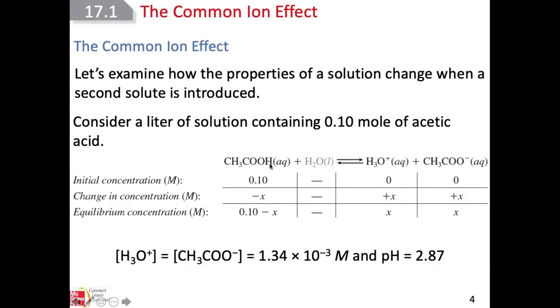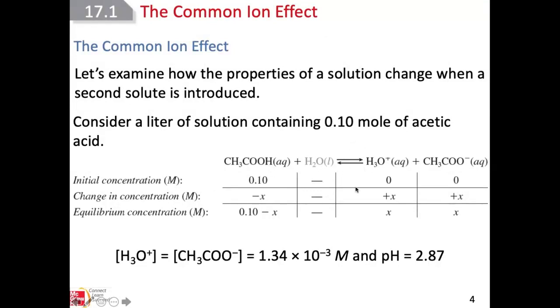This is an acid. It will behave as an acid and it will donate a proton, H plus, to the water. And it will form hydronium ion, H3O plus, and acetate conjugate base. So an equilibrium will be reached, double-headed arrow.